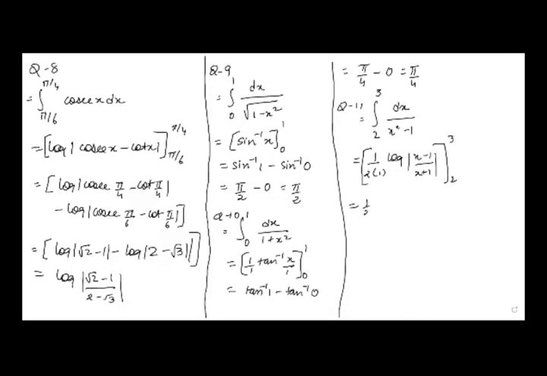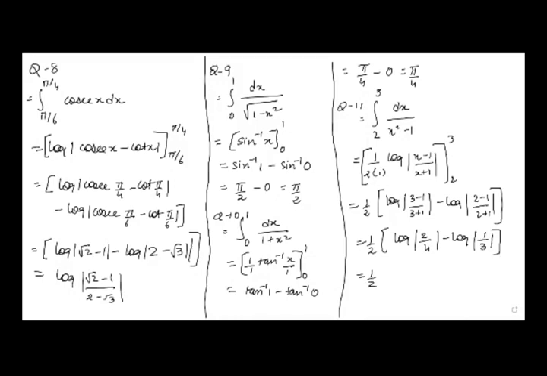So we'll take 1 by 2 outside and we'll keep the value of x as 3, minus, so log 2 by 4, minus log 1 by 3.